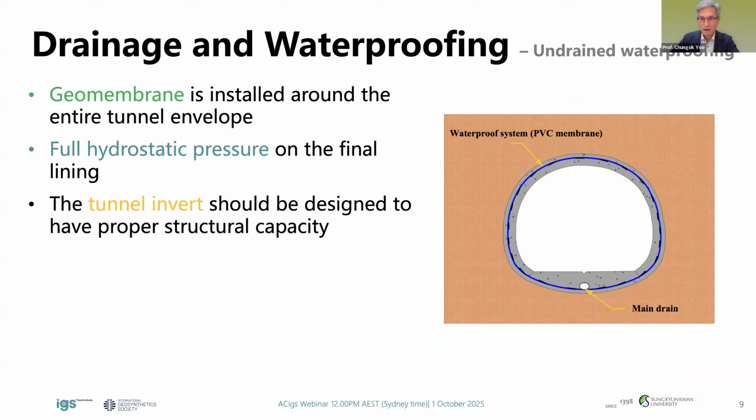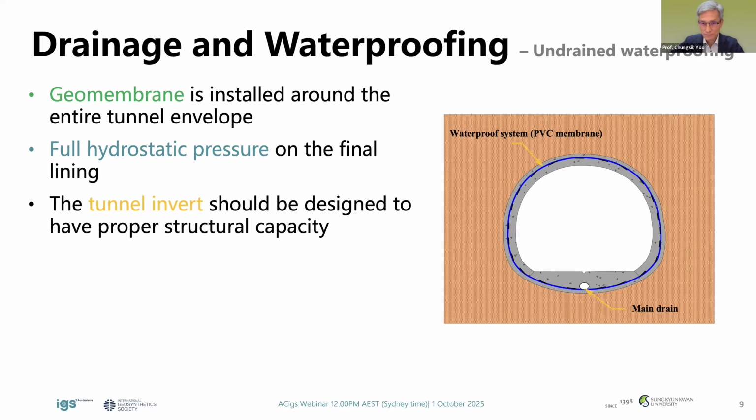On the other hand, the undrained waterproofing system is rather simple because a geomembrane is installed to fully encapsulate the tunnel envelope. So unlike drained systems, there is no provision for collecting or discharging groundwater, meaning water pressure is allowed to build up around the tunnel concrete lining.